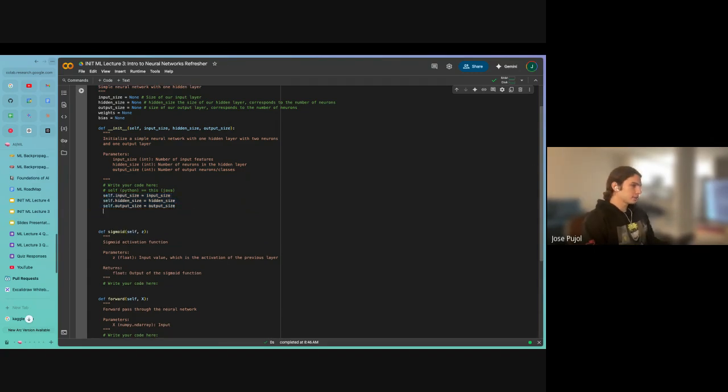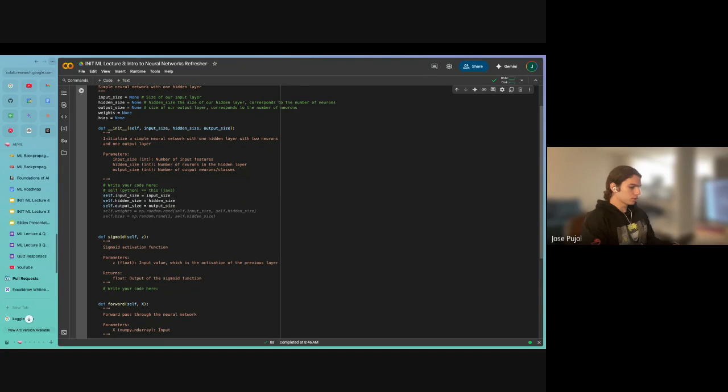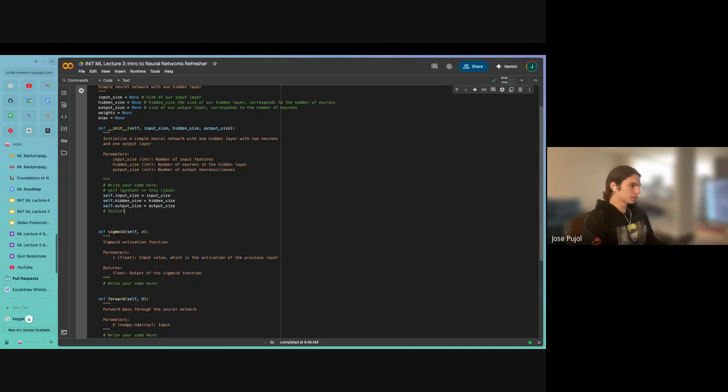So next, we want to initialize our weights and our biases for our model, right?